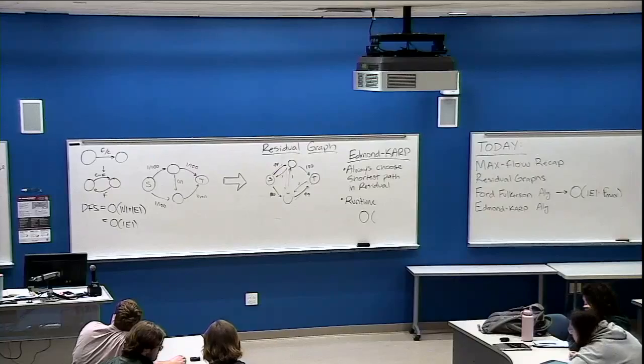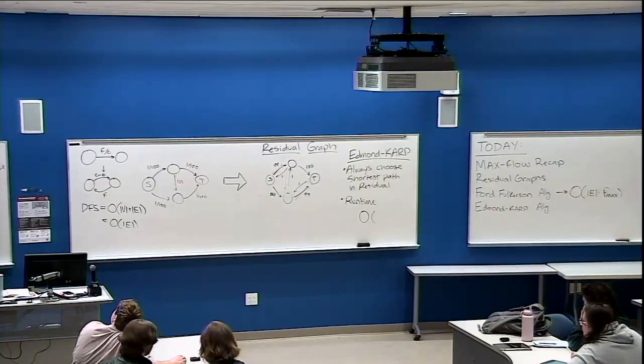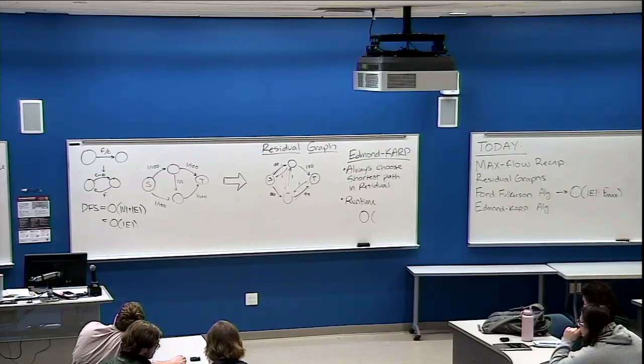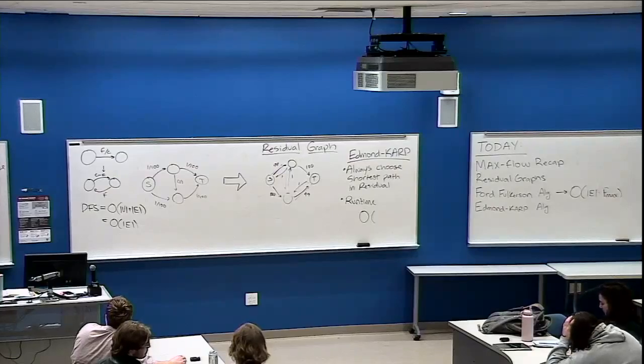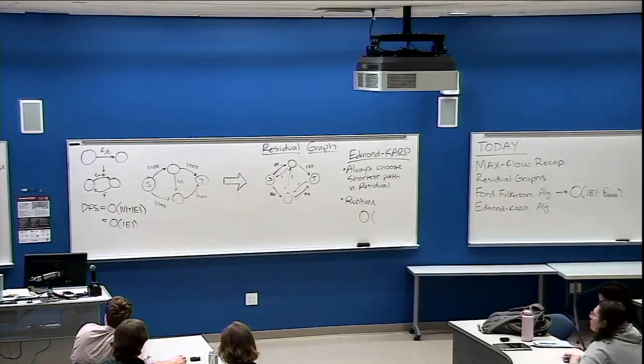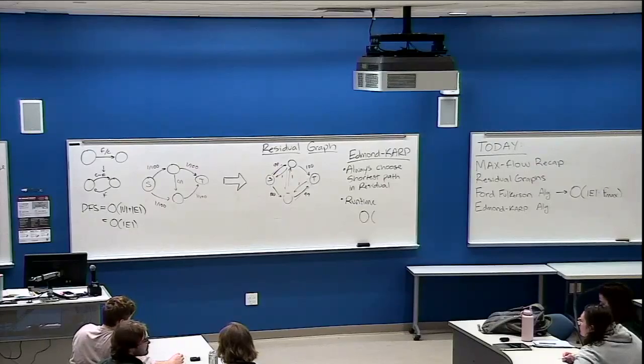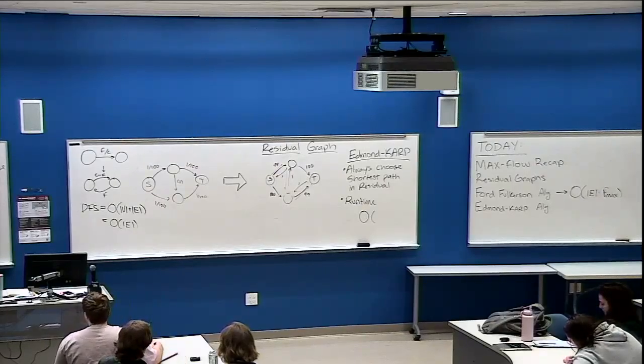If the shortest path that saturates some edge E, so let's say the shortest augmenting path to saturate E is length D, then after applying that augmentation, the shortest path to unsaturate that same edge is D plus 2.